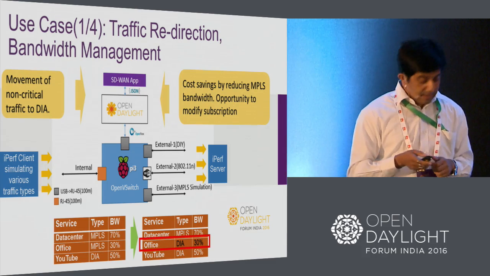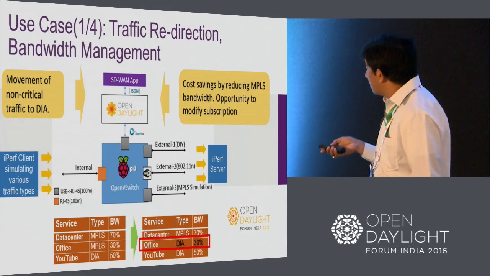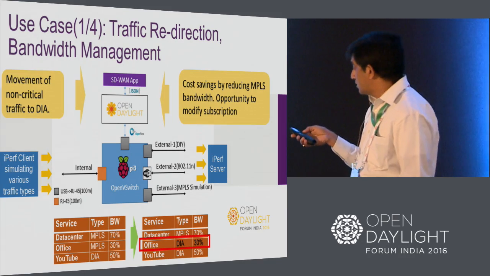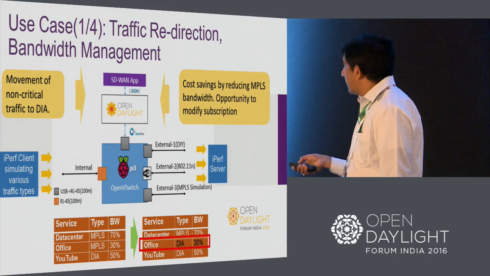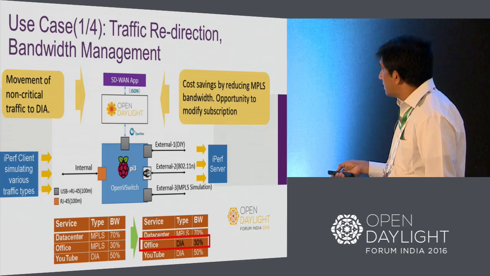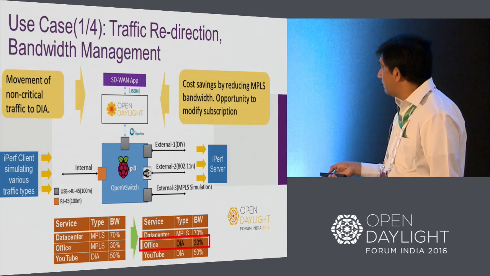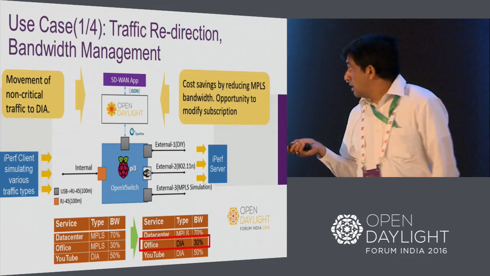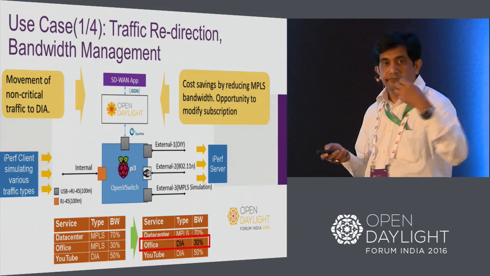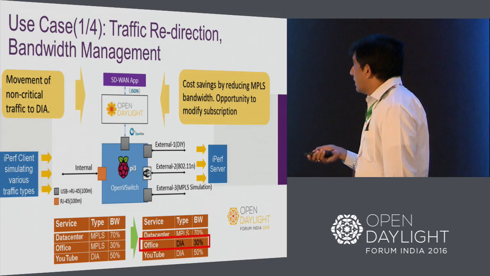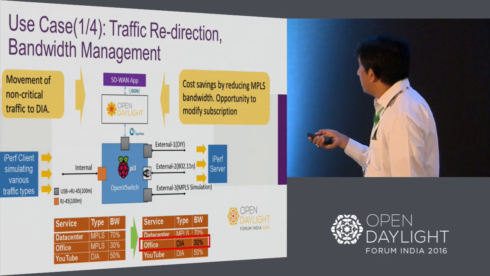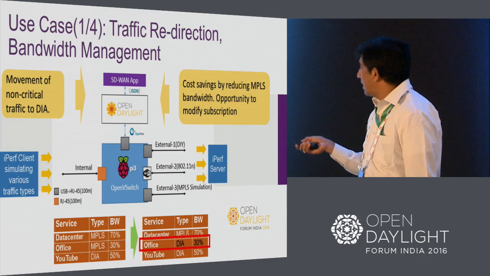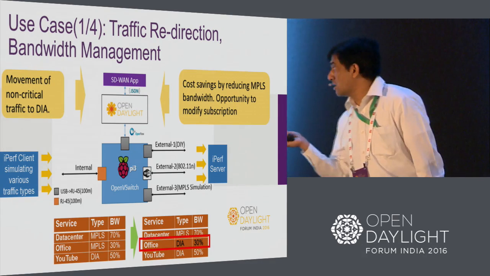Before that, another component of this setup is an iPerf client. I'm running iPerf clients to simulate various kinds of traffic. I am simulating around 5 kinds of traffic with various port numbers, and then applying some flows over here, and then I have an iPerf server over here, which consumes the traffic.